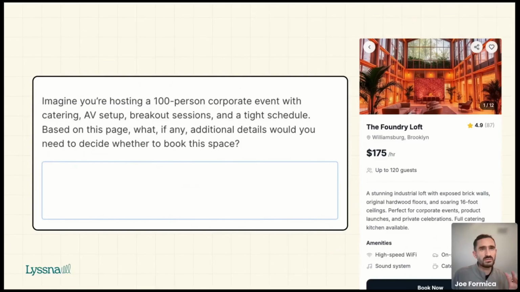And a lot of times when I've seen questions like this and done them as a participant and walked through them, you can really feel yourself trying to complete the question and the role rather than offering your own experience. I can think of a couple recent studies where I kept looking back at the question and thinking, am I hitting the right criteria? What is the scenario again? What should I be looking for? And it's more like figuring out a puzzle than actually saying how I would choose an event space.